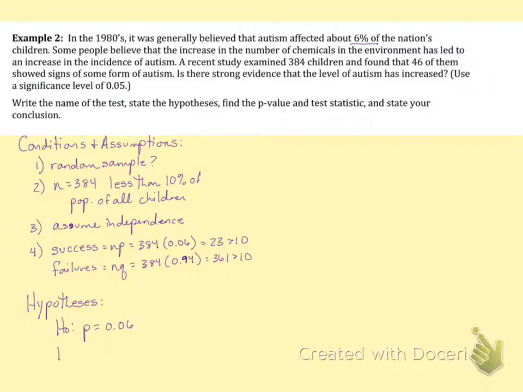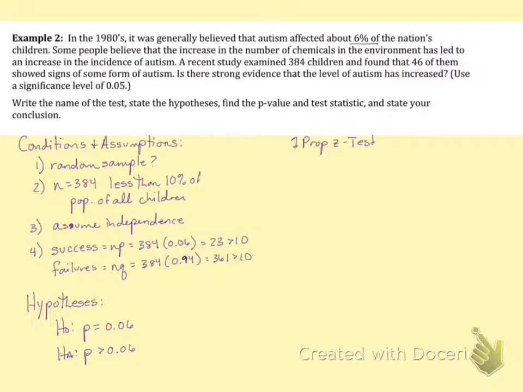And the alternative hypothesis, they want to know, has this proportion increased with the level of chemicals increasing in our environment? So they want to know if this proportion is greater than 0.06. Then we're going to run a 1-prop z-test.